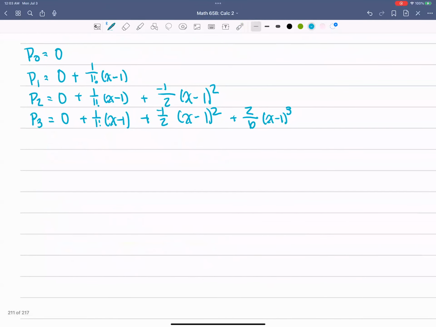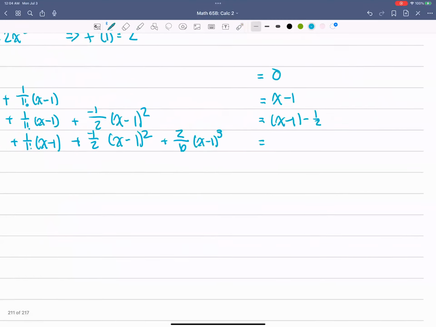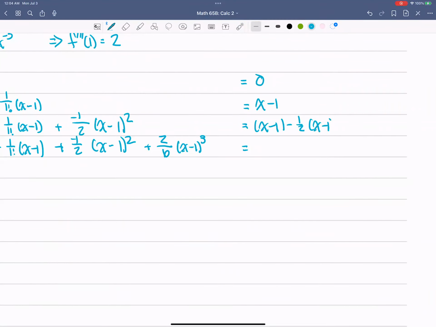And just so we have a better visual of each of these, our first polynomial is just 0. Our second polynomial, we have 1 divided by 1, which is 1, so we just have x minus 1. The next one is going to be x minus 1 plus this right here, x minus 1 minus 1 over 2, x minus 1 squared.